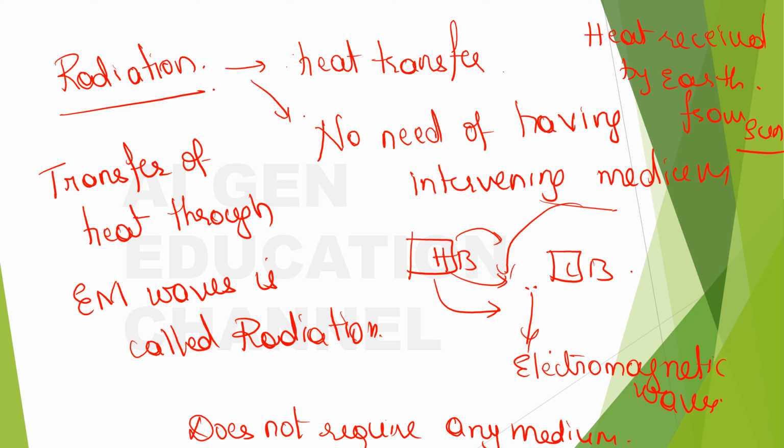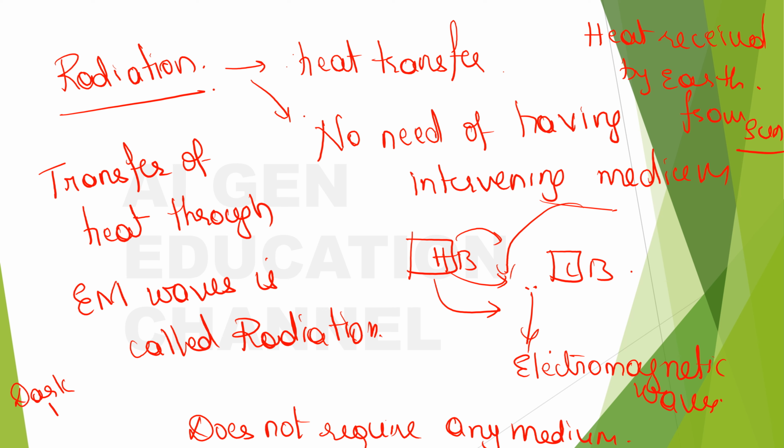Just think about which season you prefer to wear dark colored clothes. What did I say? They are good absorbers of heat energy, right? So you prefer to wear dark clothes in the winter season because they are good absorbers.